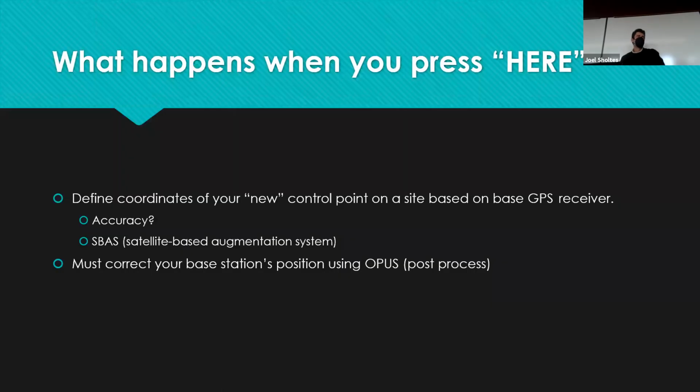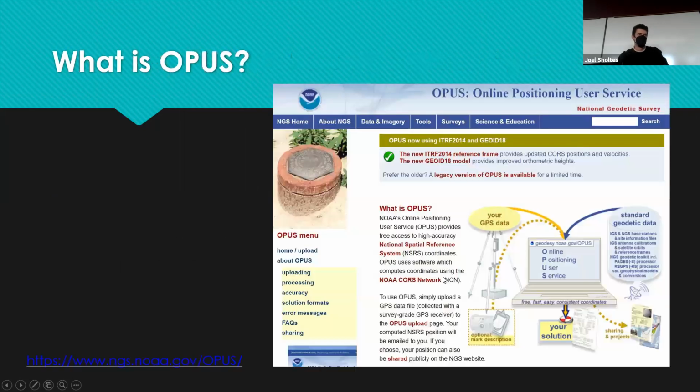All right, so when you press the here button on your GPS survey, we're creating a new control point. We get a very rough estimate of our location. You can press it every second, you'll get a new value of XYZ. That's what we did outside. And that is based off of SBAS, the satellite-based augmentation system. It's basically plus or minus 1 to 2 meters accuracy. So we have to correct our base station's position using what's called OPUS in post-processing.